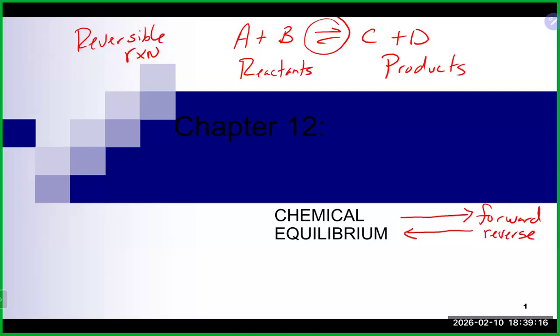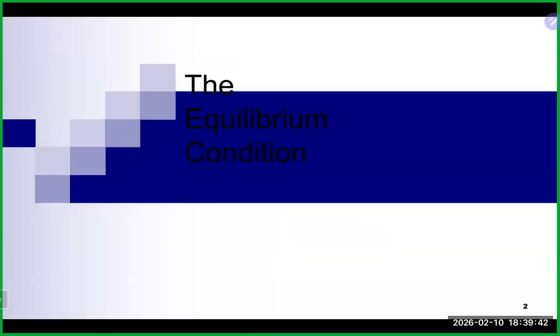This type of reaction, which is mainly what we deal with here with equilibrium, is a reversible reaction where eventually we have stuff flowing in both directions. We have reactants going to products, products coming back to reactants. This process will continue until equilibrium is reached.